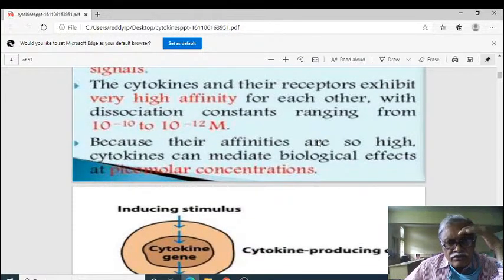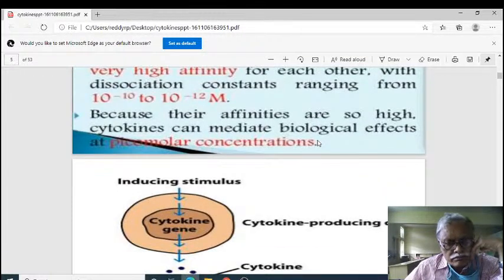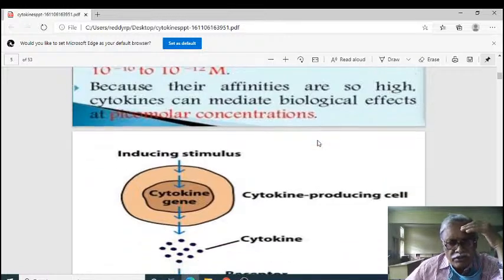Because their affinities are so high, the cytokines can mediate biological effects at picomolar concentrations.